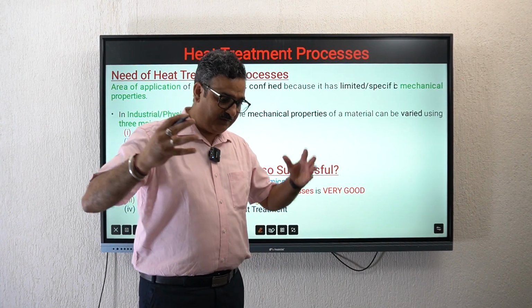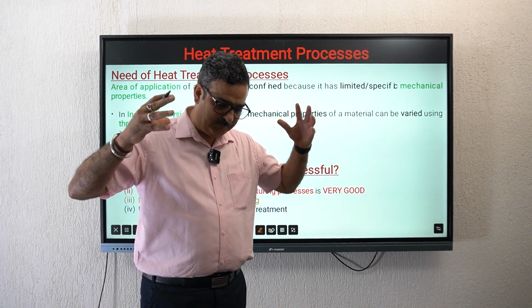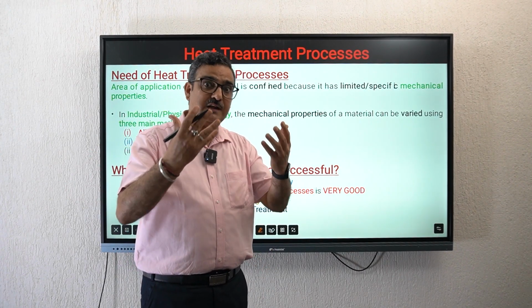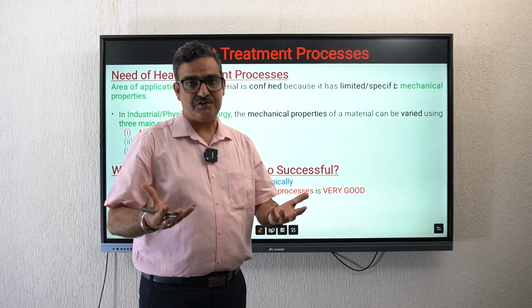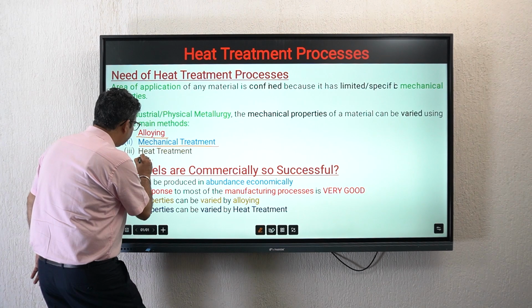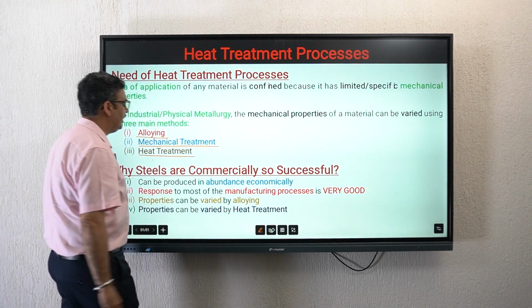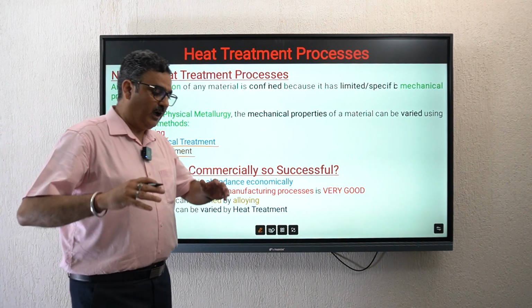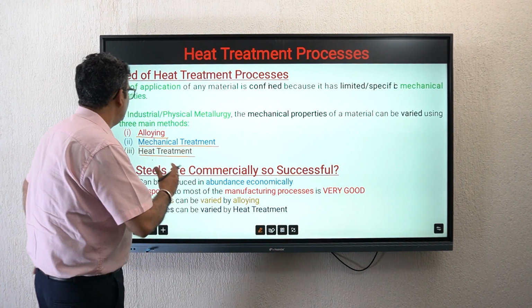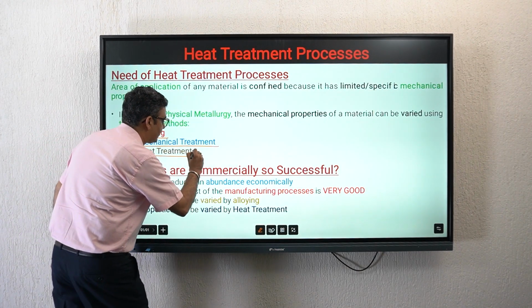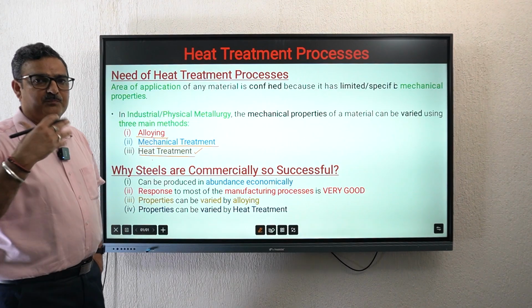But in the process, when we are applying that force or pressure to bring the material into a certain shape or size, the mechanical properties also get changed. And the third and final route in industrial metallurgy or physical metallurgy, how we change the mechanical properties of a material system, is through a set of processes which are called heat treatment, which is the topic of discussion in this lecture.